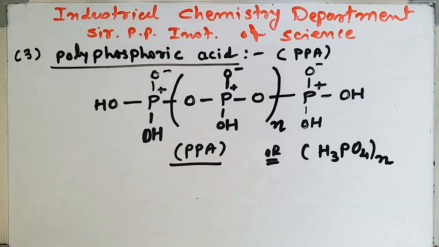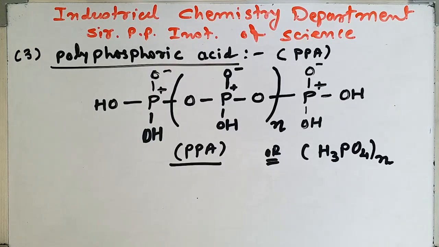In the preparation, we stir a mixture of anhydrous phosphoric acid, H3PO4, and phosphorus pentoxide in proper amount. Generally it is prepared at the time of requirement.